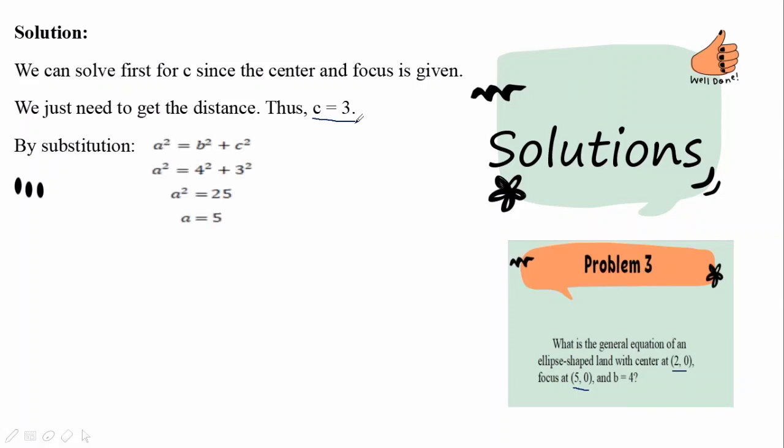After that, we will substitute the value of our c. And from the given problem we have the value of b already, which is 4. So we will just use the formula a squared equals b squared plus c squared. So we have c is 3, then our b is 4.